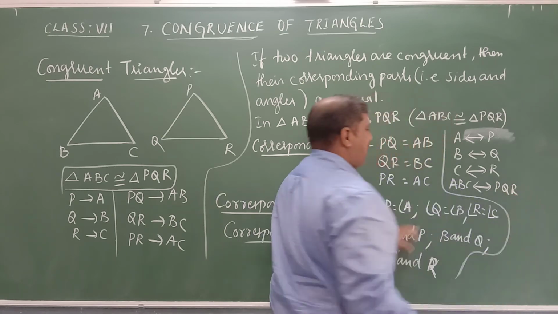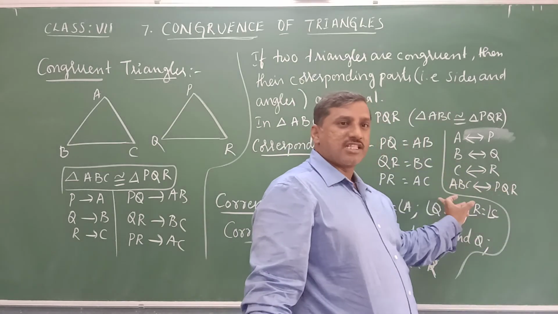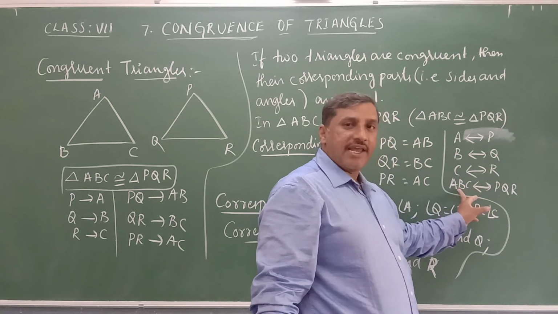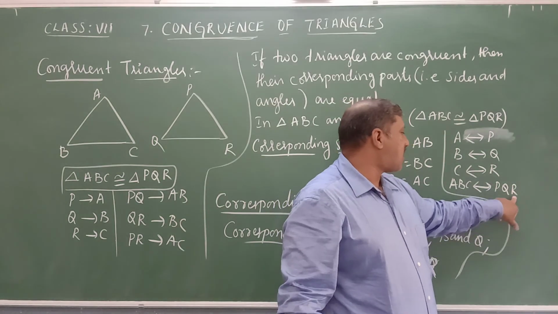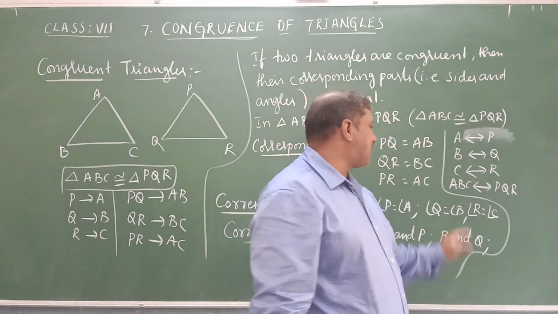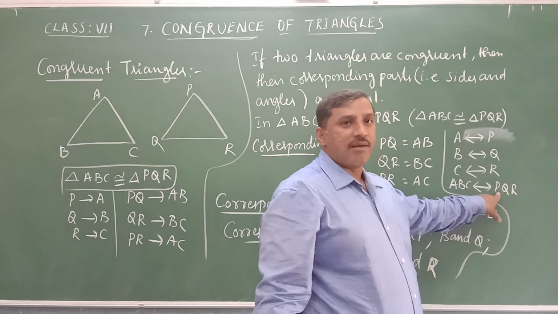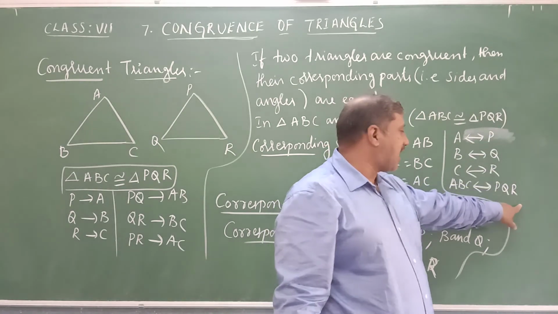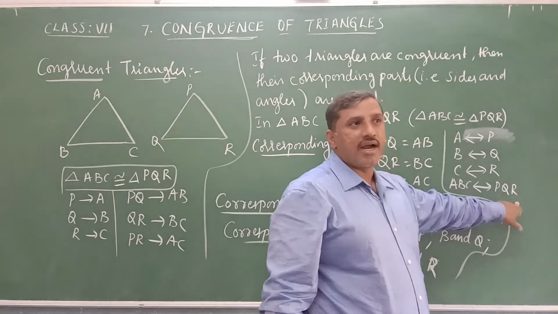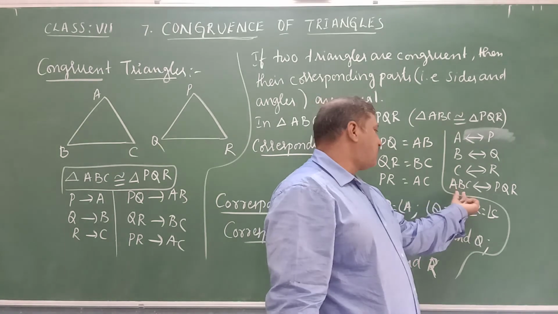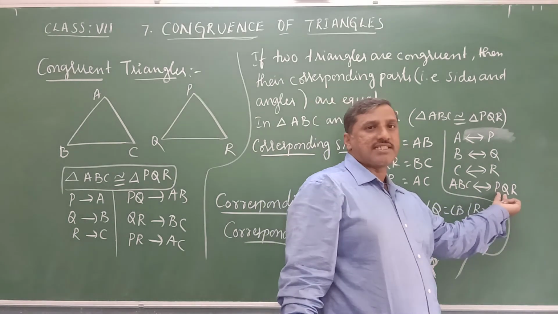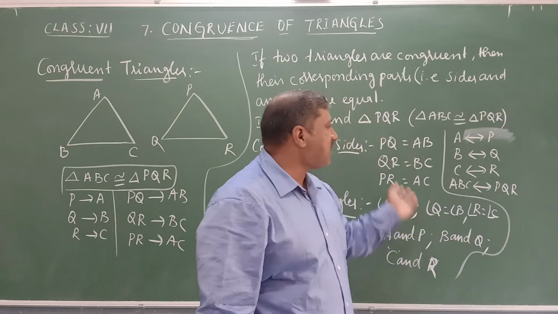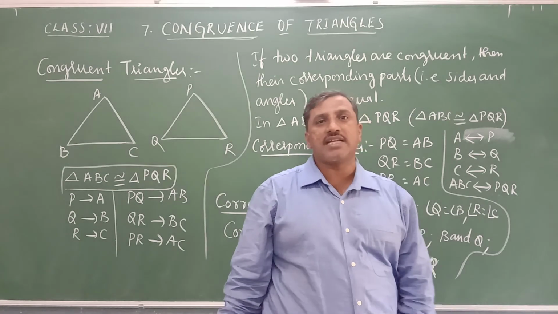That is, angle A equals angle P, angle B equals angle Q, angle C equals angle R. The length of side AB equals the length of side PQ, the length of side BC equals the length of QR, and the length of side AC equals the length of side PR.